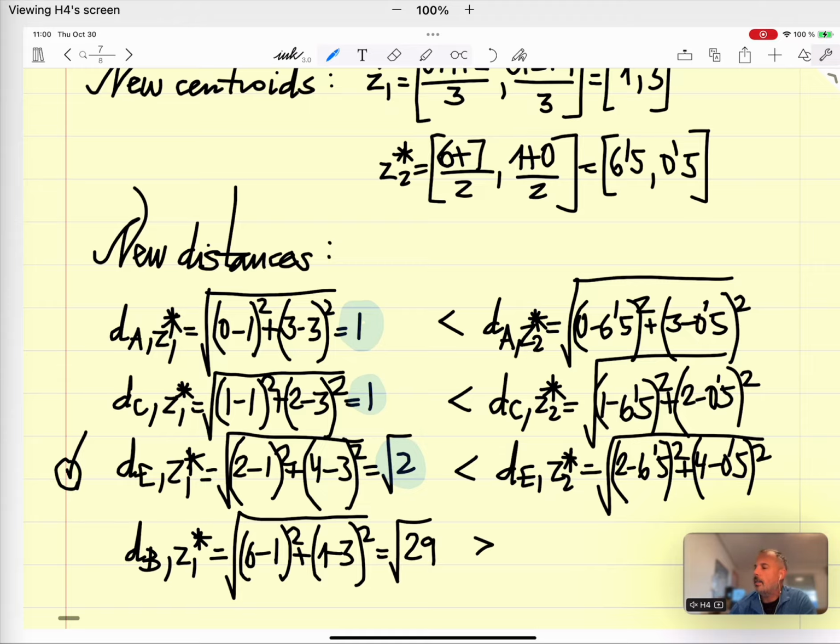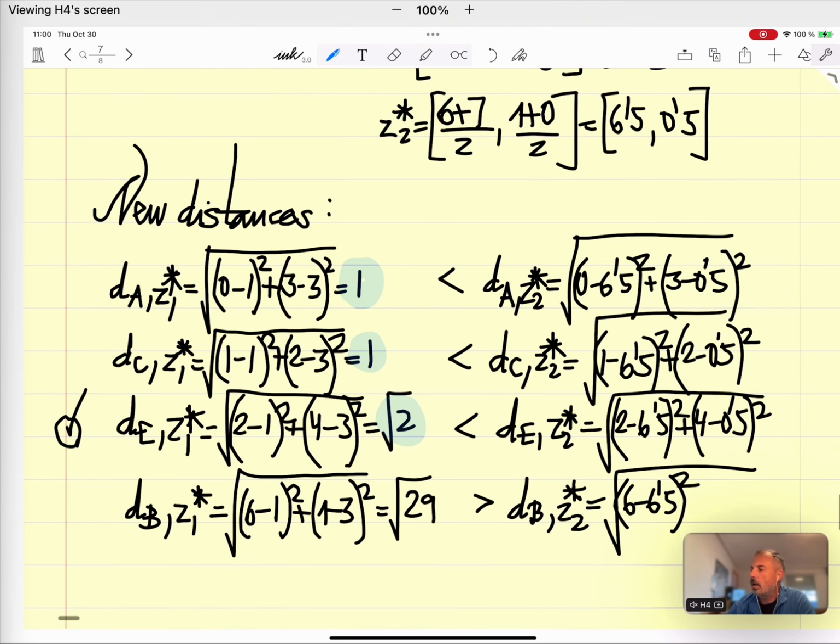This is bigger than the distance between B and Z2, which is (6 minus 6.5) squared plus (1 minus 0.5) squared. Okay, so this belongs to this group.